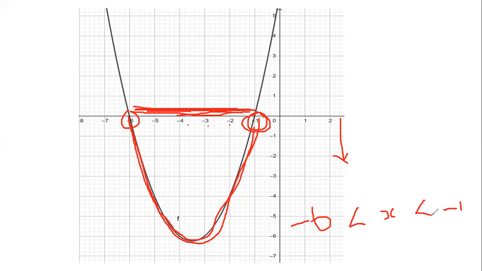So x should be less than -1. So this is the range of values of x.